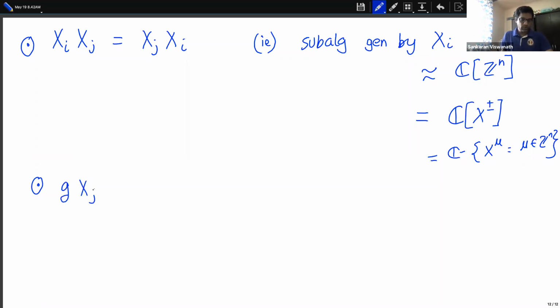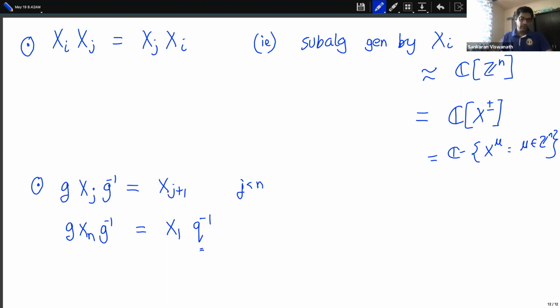Let's write that down. G xj G inverse gives you xj plus 1 if j is smaller than n, and G xn G inverse becomes x1 but with a q inverse. So it cyclically shifts the x's, except when xn goes to x1, like that element pi, it gives you this additional factor of q inverse.